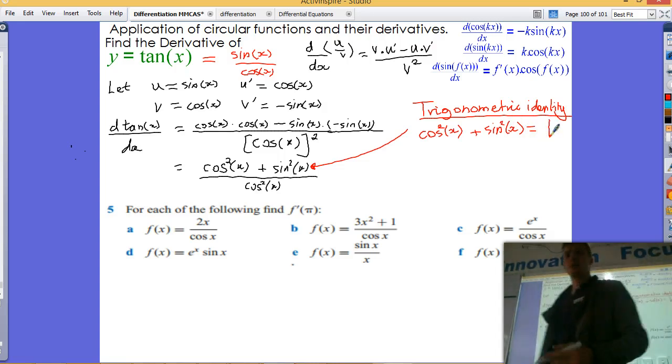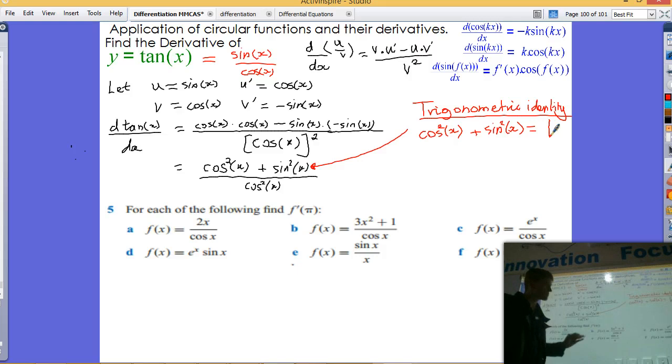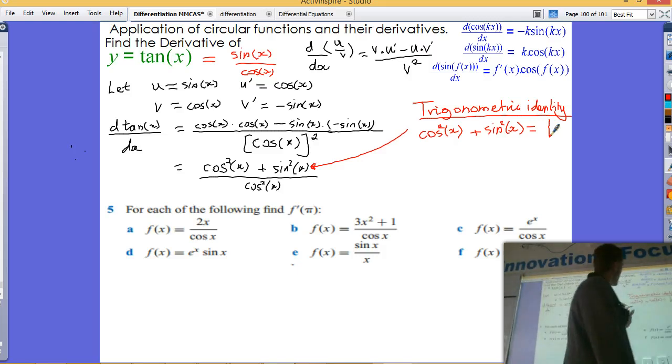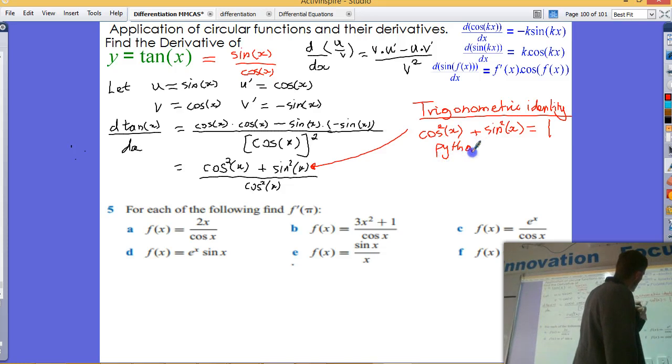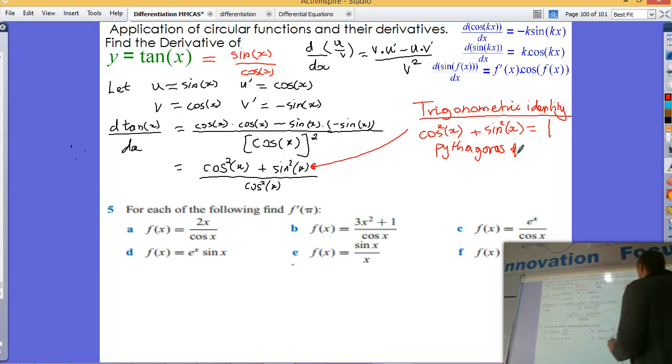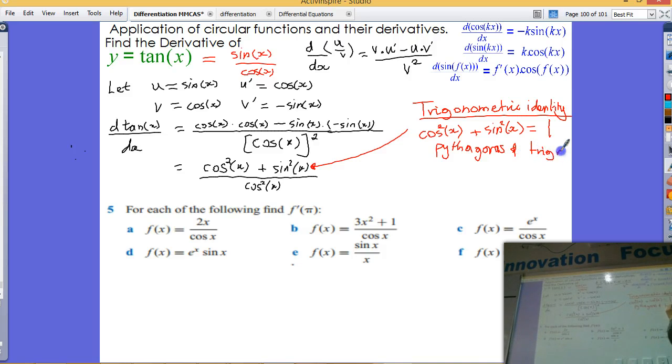Okay? Now, the interesting reason why that comes about is by drawing on Pythagoras and trigonometric ratios at the same time. It all comes down to a right angle triangle. So let's say here's my right angle triangle for some angle.